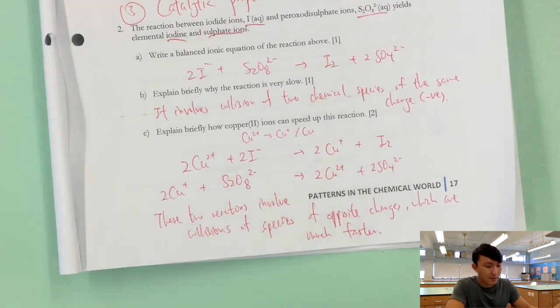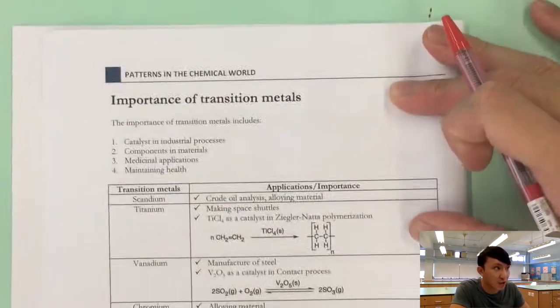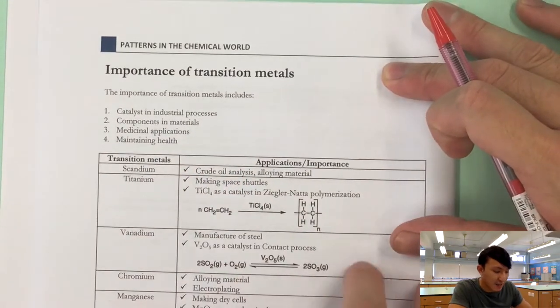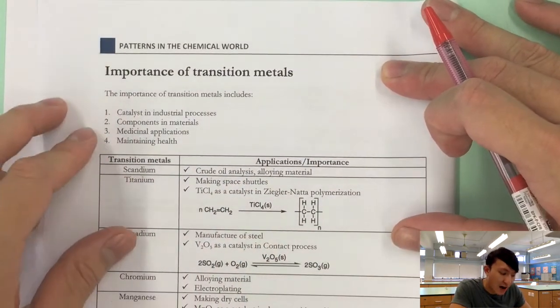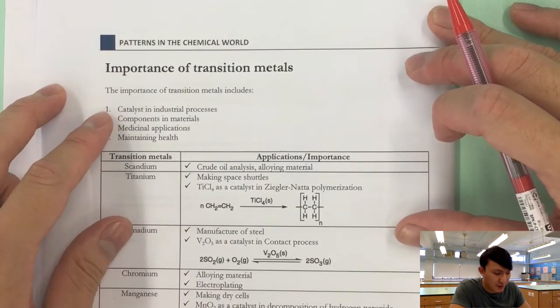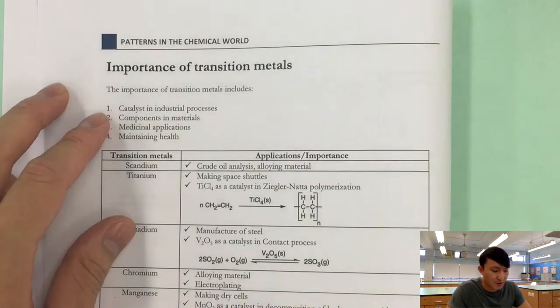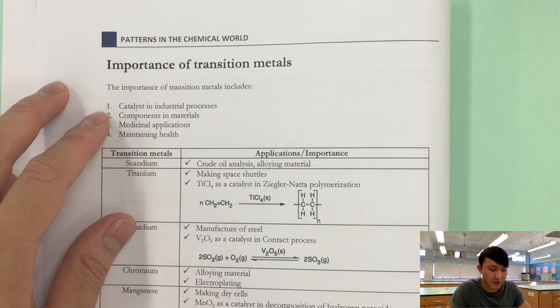So the last page here is nothing but to give you some idea about the importance of transition metals in the industry or other applications. Very often transition metals can be used as catalysts, and also because of their higher melting point and strength, they are exceptionally hard and strong as well. They can be used as components in certain materials.